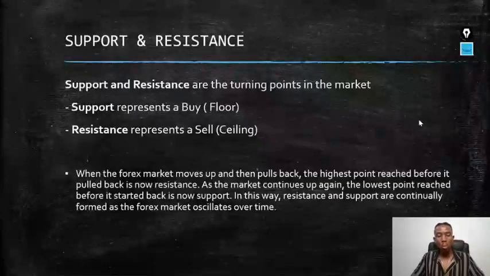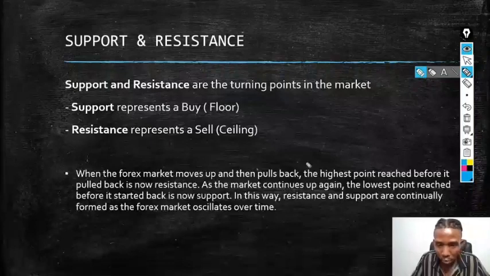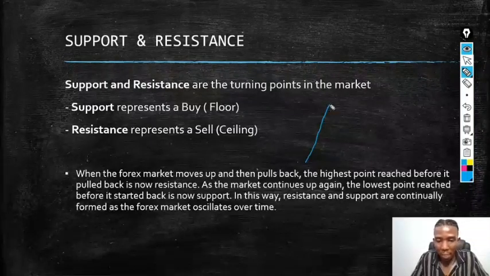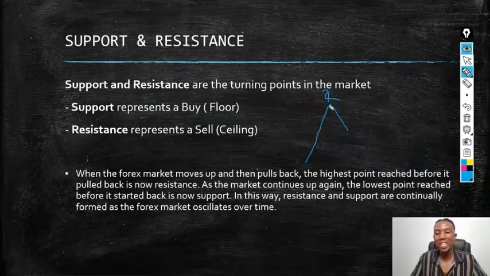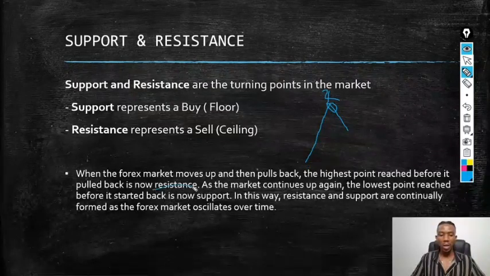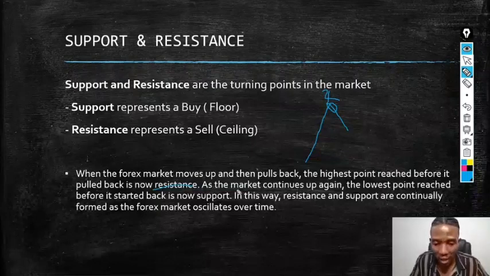So now let's continue. When the Forex market moves up and then pulls back, the highest point reached before it pulled back is now resistance, meaning right here would be our resistance. The market moved back and turned. This is our turning point, hence it is now our resistance. Now let's continue. As the market continues up again, the lowest point reached before it went back up is now our support.